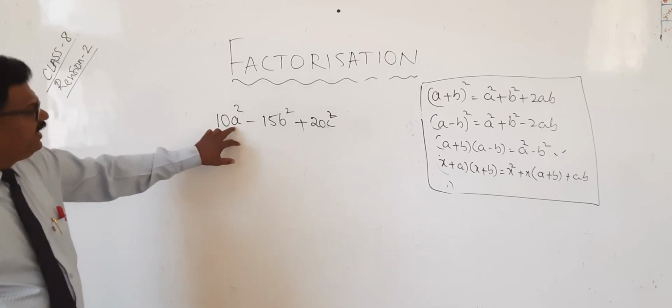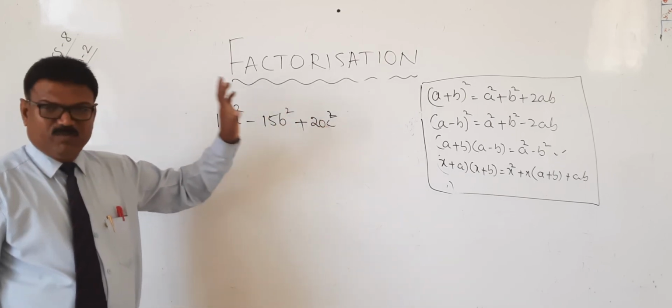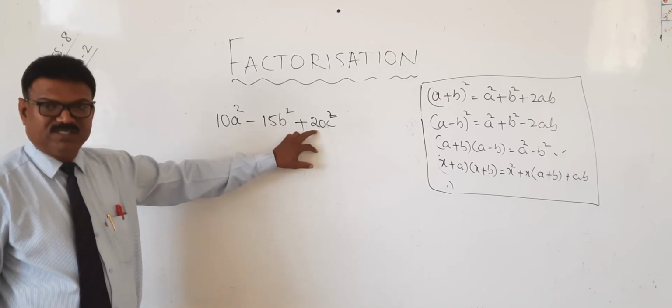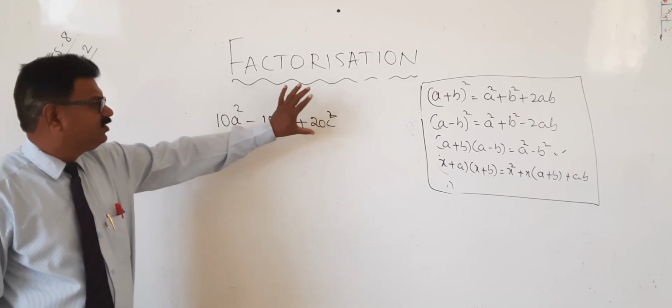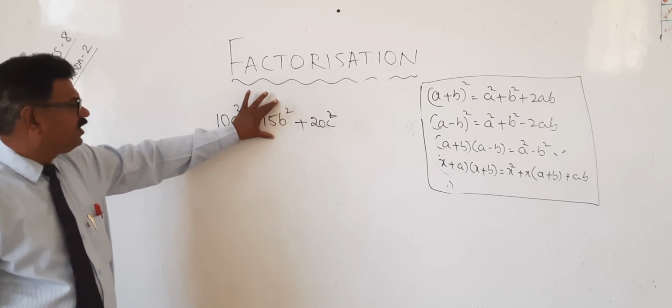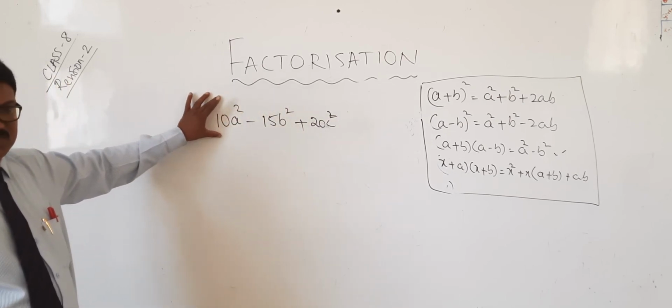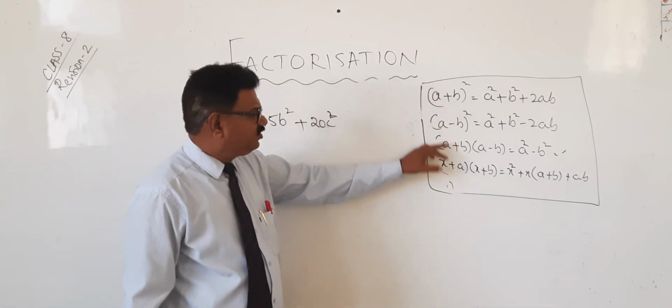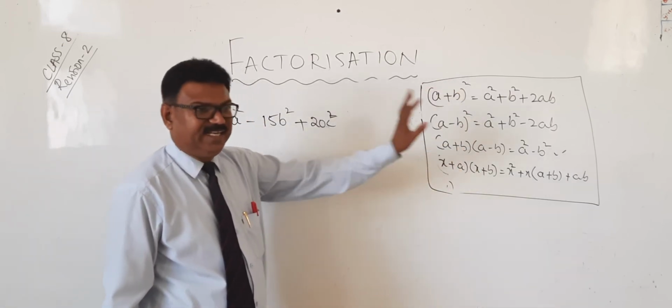If you observe, a square, b square, c square are perfect squares, but the numbers are not perfect squares. That means this term is not a perfect square, this term is also not a perfect square, and this term is also not a perfect square. That means this problem does not belong to any category.